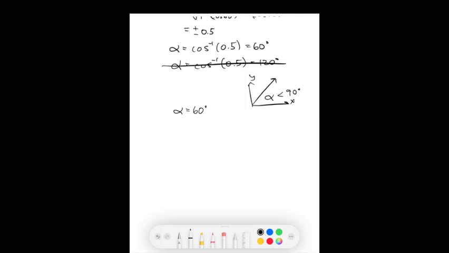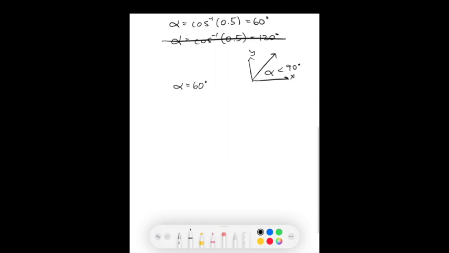So now that we have the three angles, alpha, beta, and gamma, we can use those values to describe our force vector F using these Cartesian unit vectors. So we know that cosine of alpha is for the x component, cosine of beta for the j, for the y, and cosine of gamma in the z direction. And we plug in our values.